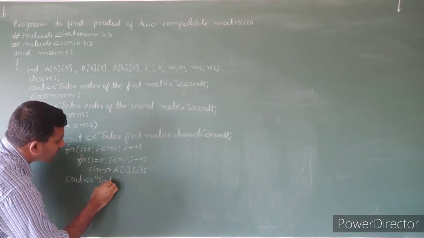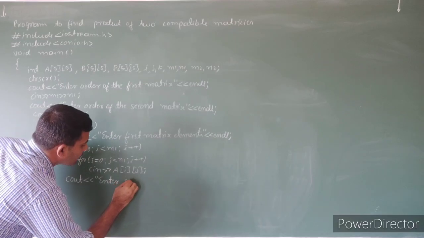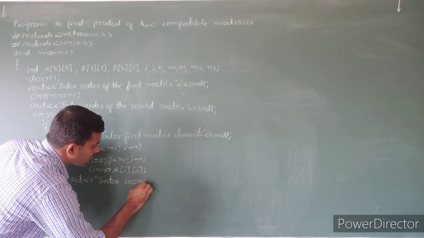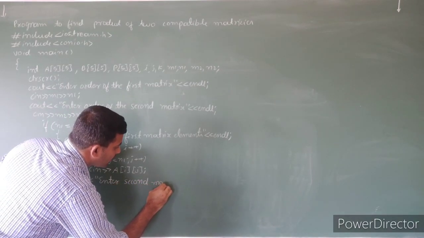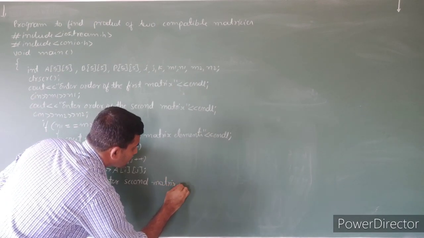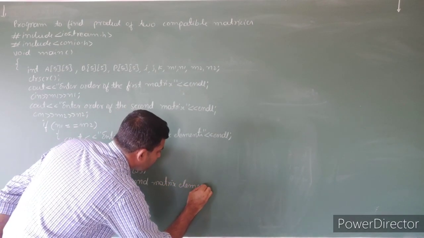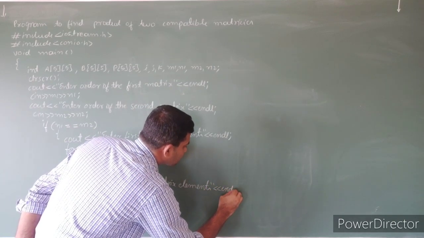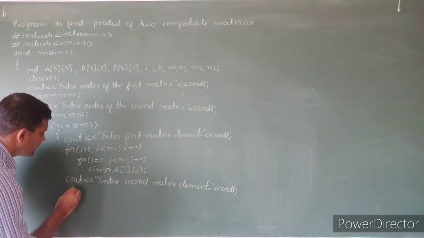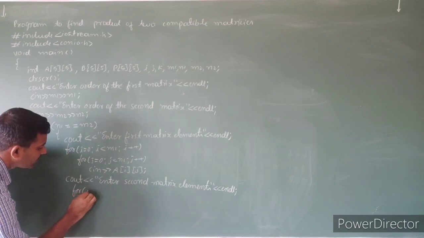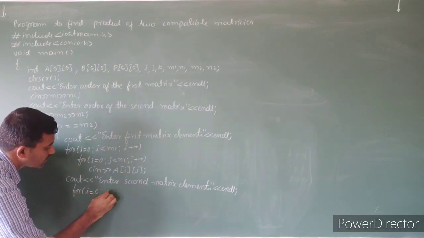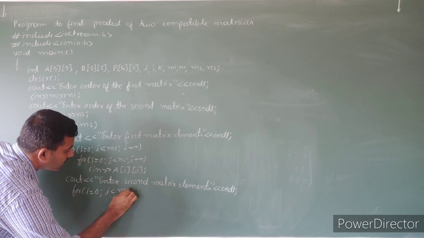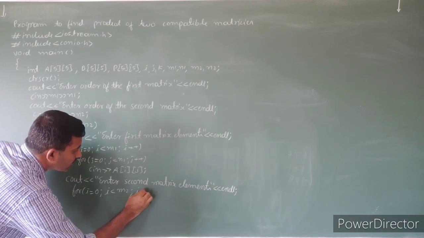So for that, write the output: enter second matrix elements. Then to read the second matrix elements, again we need two for loops. I equals 0, I less than M2, I plus plus.